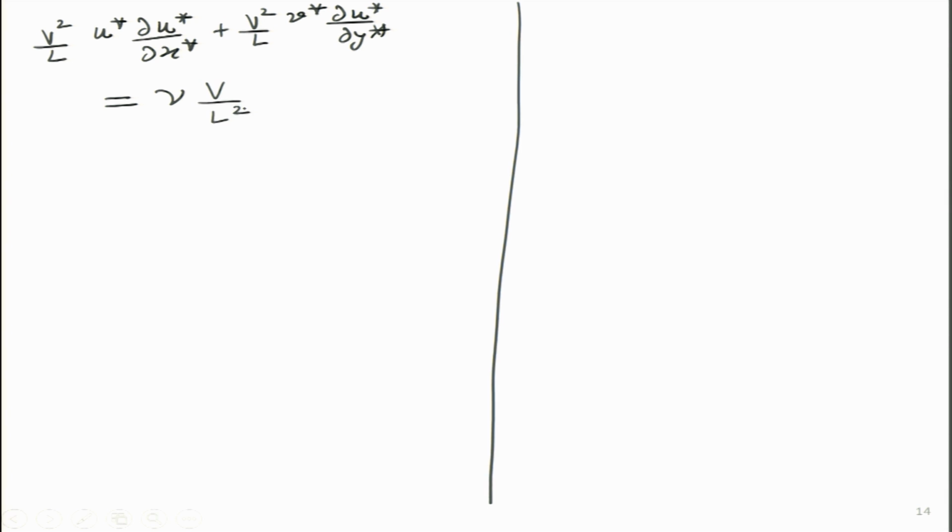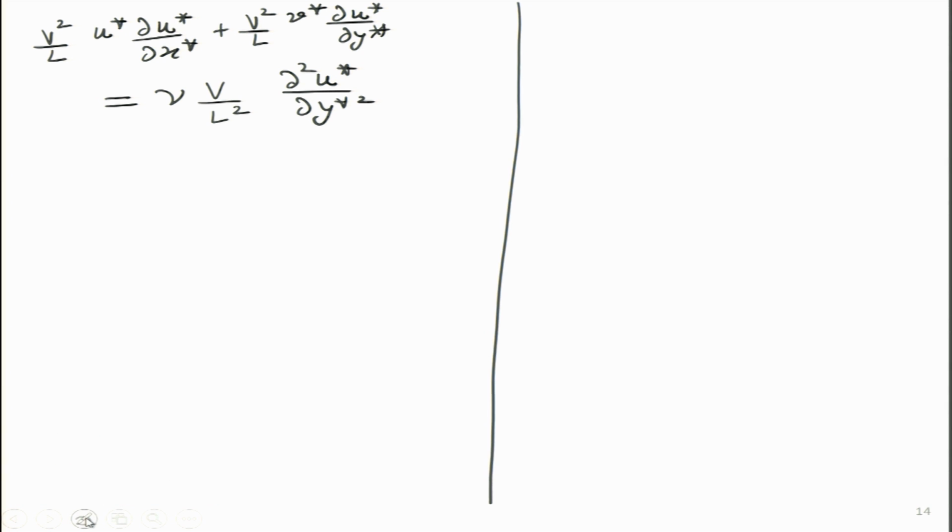It will be V square by L, u star del u star divided by del x star, plus again V square by L, then we have v star del u star by del y star, and the right hand side was nu into V by L square, and del square u star divided by del y star square.